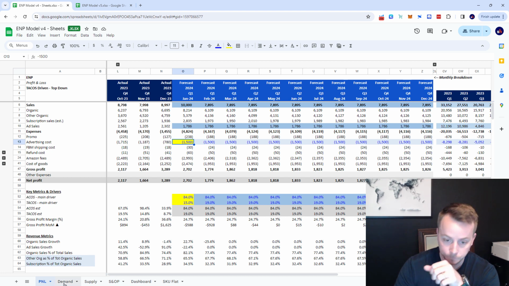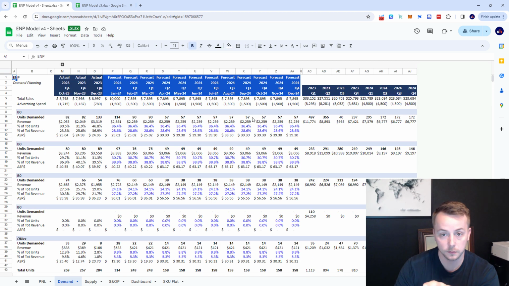And then we have this tab, which is the demand side, which basically pulls the data from before. So you can see that this is 10,000 in the forecast from before at $1,500 spend, right? And what this would tell you is how many of the various units we would expect to sell, given its proportion to historical sales.